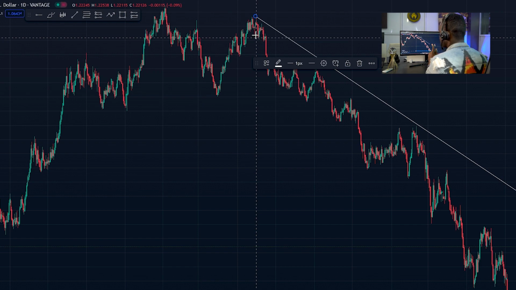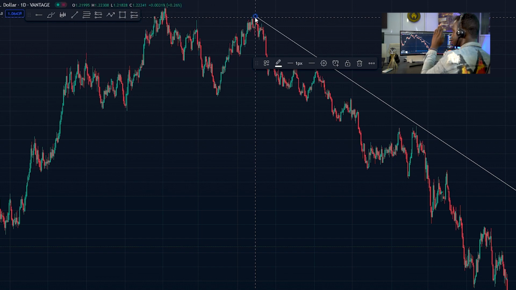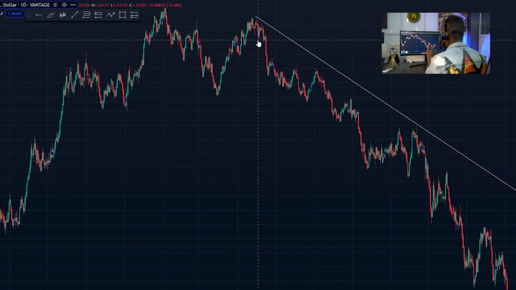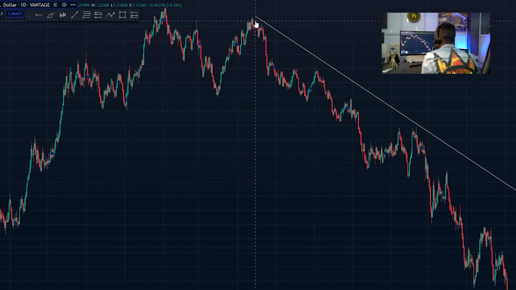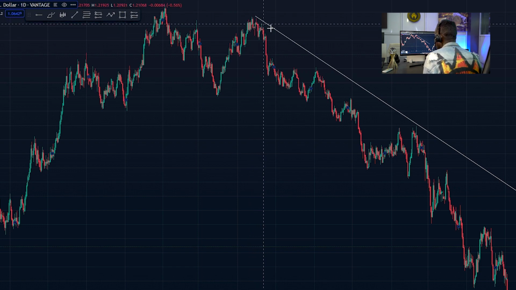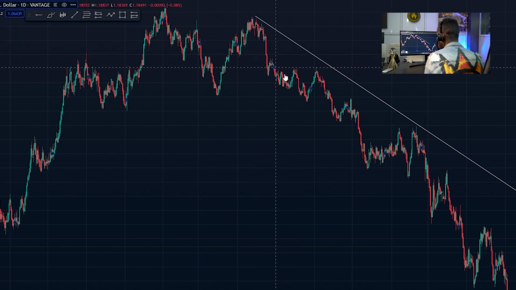I'll take that again. The upper part of the candlestick is referred to as the highs. The lower part of the candlestick is referred to as the lows. Now, this is what makes up a downtrend market. It is characterized by the formation of lower highs and lower lows.